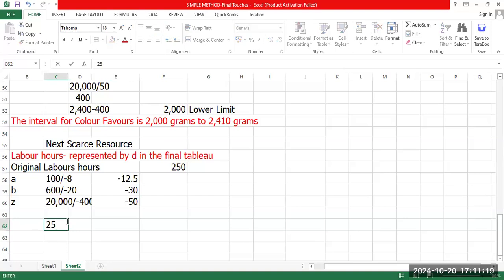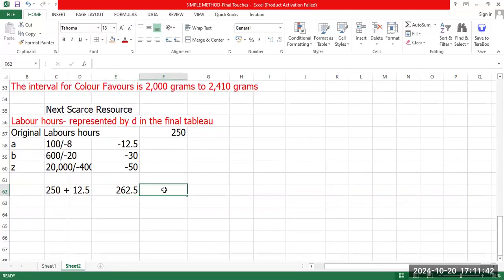So you get 250 plus, after knowing the highest value, neglect the sign. 250 plus 12.5. That's what I have, and this is my upper limit. We do the same for the next.